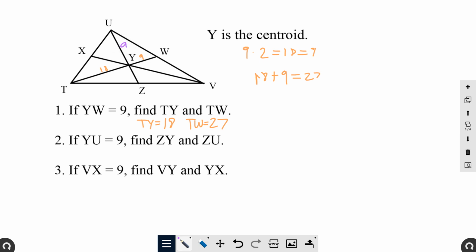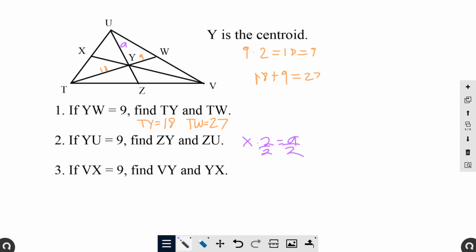YU equals 9. That's the longer piece. She made an equation, x times 2 equals 9, so you divide it by 2.